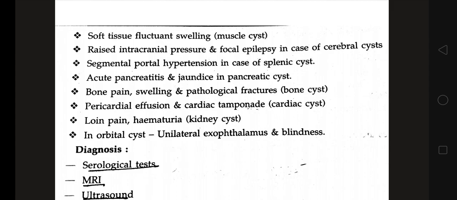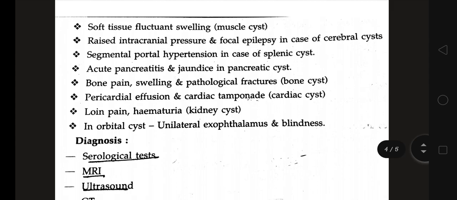If there is a cyst present in the brain, that's called a cerebral cyst, it may cause increased intracranial pressure and focal epilepsy. In a splenic cyst, there may be segmental portal hypertension, because this organ is involved in the portal circulation. In a pancreatic cyst, there may be acute pancreatitis and jaundice.